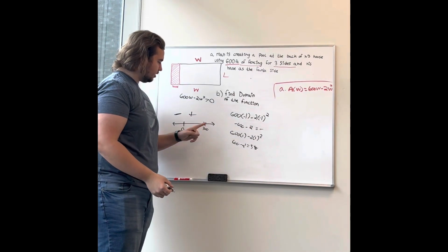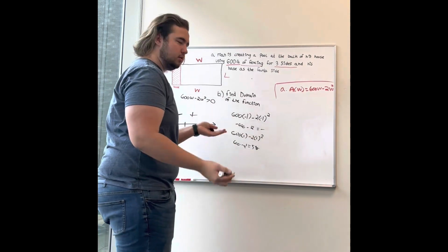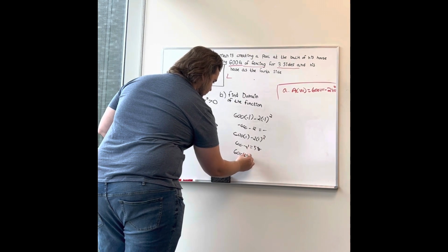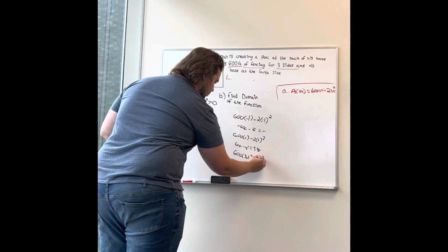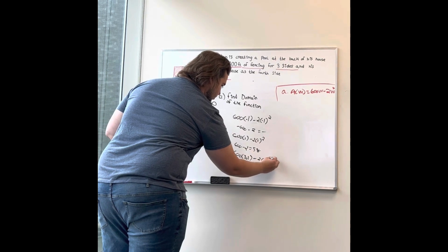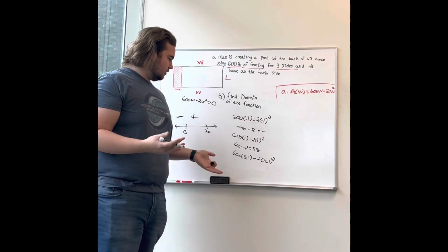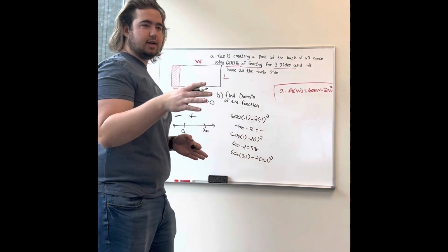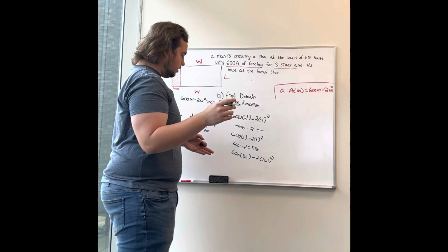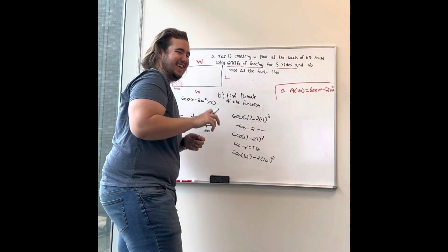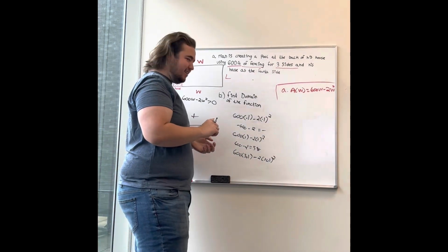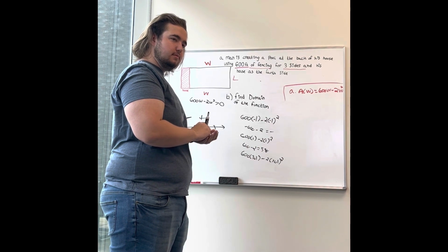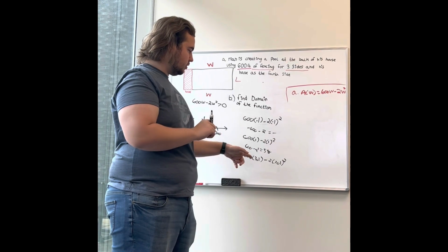The last checkpoint is after 300. So just do 301. We'll do 600 times 301 minus 2 times 301 squared. It's kind of bigger numbers. Can you get a calculator? 600 times 301, minus 2 times 301 squared.